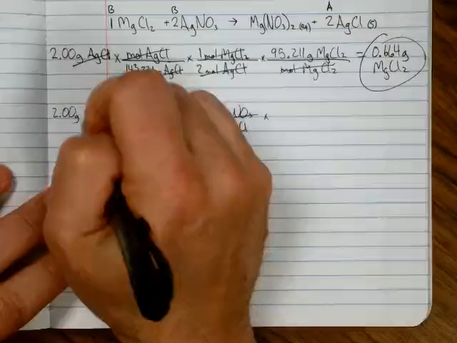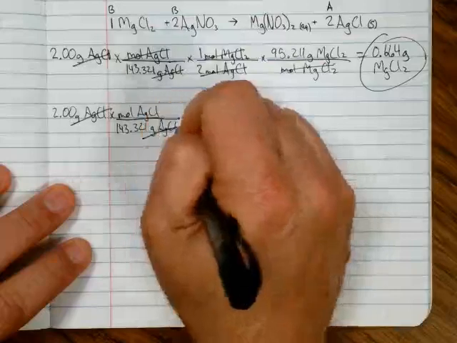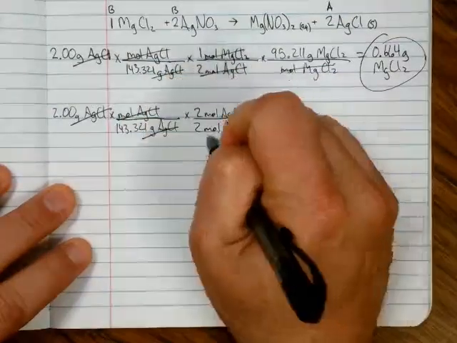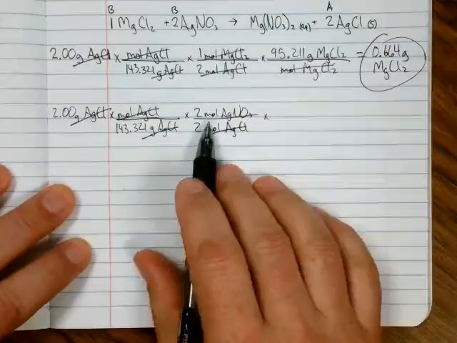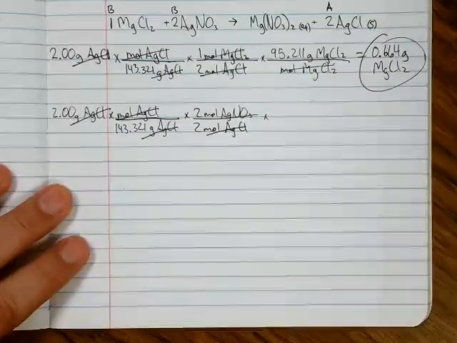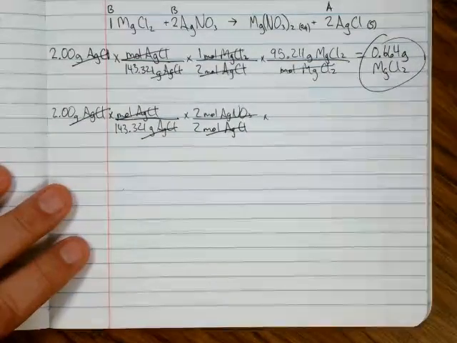So we've converted from grams of silver chloride to moles of silver chloride, and now we're dealing with moles of silver nitrate. So we need to get the mass of silver nitrate.